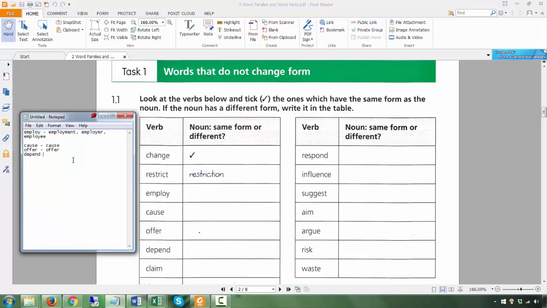Depend, the noun version is dependence. Now, be very careful here. It's kind of tricky, because dependence again is the noun version, the abstract idea. Now, dependent, ENT, that is actually an adjective.